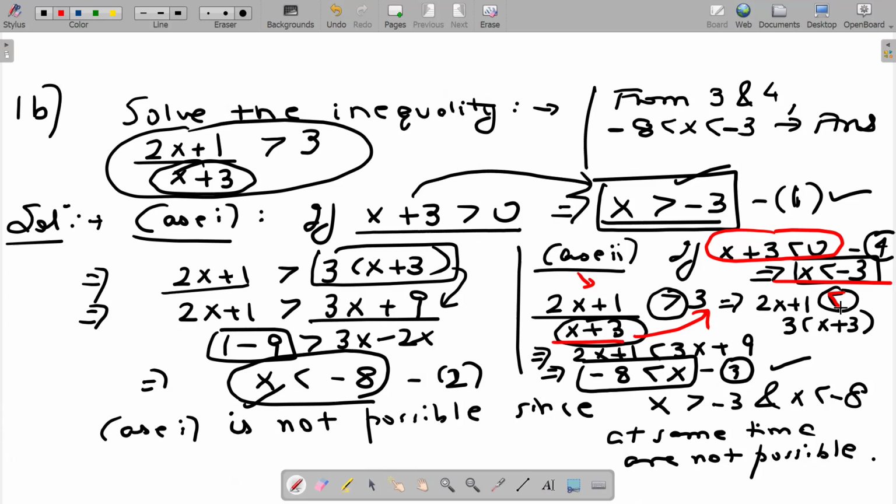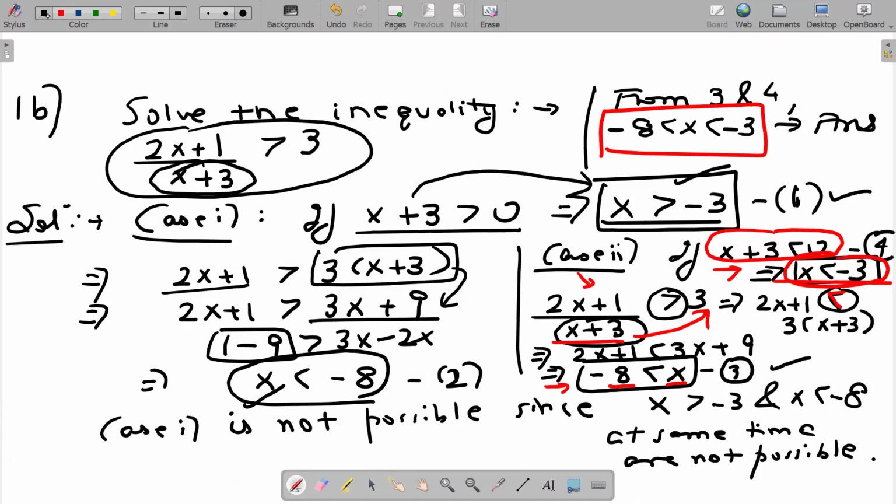So that makes it x more than minus 8. Now x less than minus 3 and x more than minus 8 together can exist. That is my answer for this particular question.